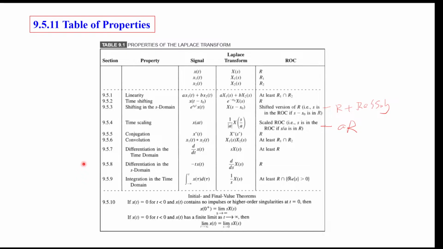The important part is that now we have this extra column of ROC. Some transforms will shift your ROC, and you can also change your ROC in some weird ways. So we have this containing relation where the ROC might be something intersected with something, but the ROC might also be bigger because some poles might get cancelled out when you change your Laplace transform.